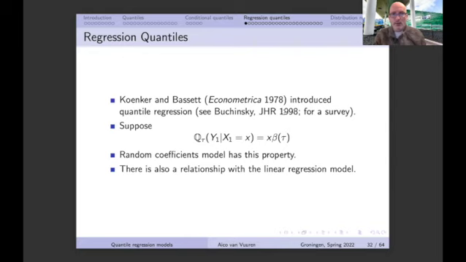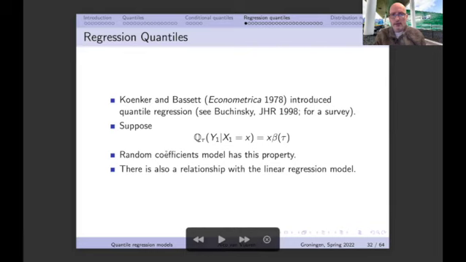Well, the most important thing to say about this paper of Koenker and Bassett is that they assume that the conditional quantiles of y1 conditional on x1 equal to x are exactly equal to x times beta tau. This is exactly what we have seen from the previous slide.